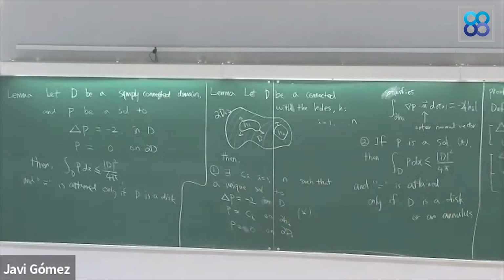In this case, we need to choose the constants Ci so that if we set P to be U plus the sum of Ci Vi, then when we integrate over the boundary of Hj, the gradient of P times n is equal to -2 times the area of Hj.